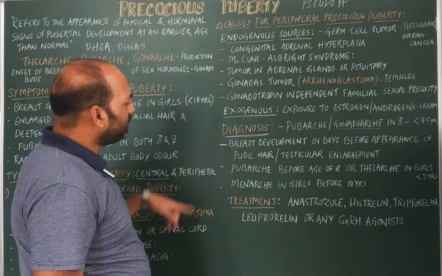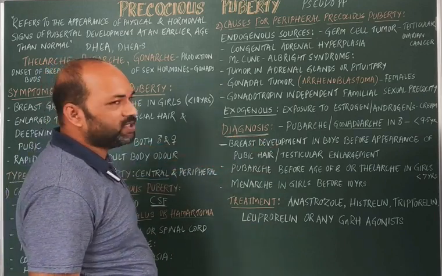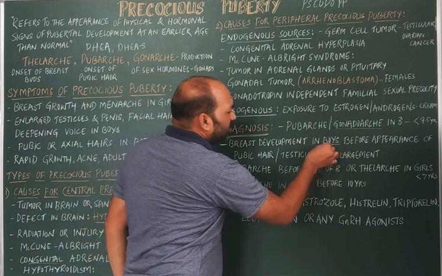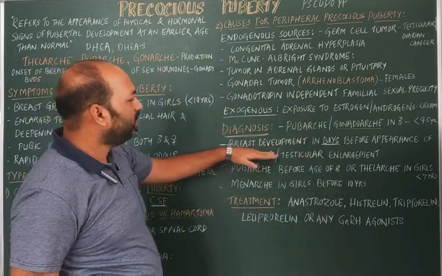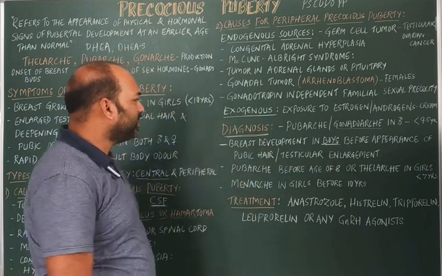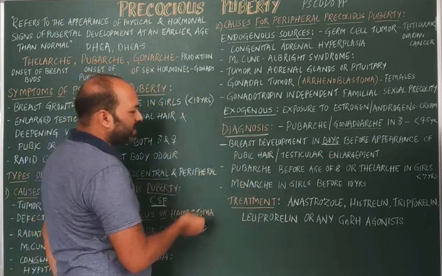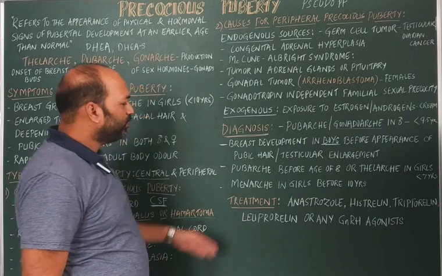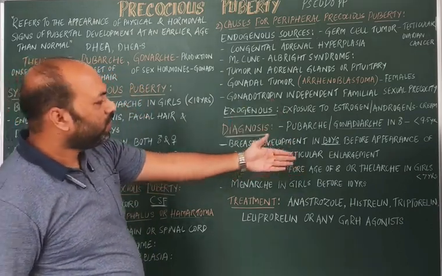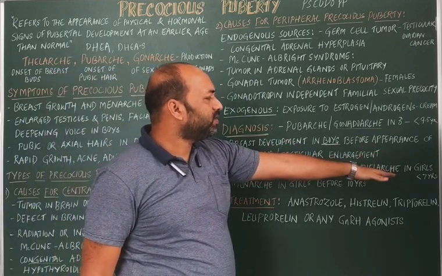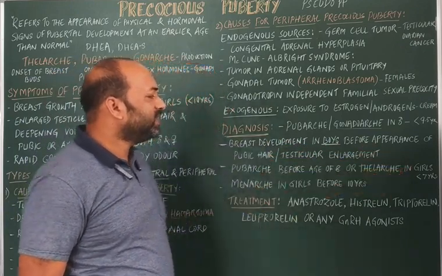The second one is breast development in boys, before the appearance of pubic hair or testicular enlargement. So that is the second sign. The third sign is puberty occurring before the age of 8, or thelarche in the case of girls, which is less than 7 years.